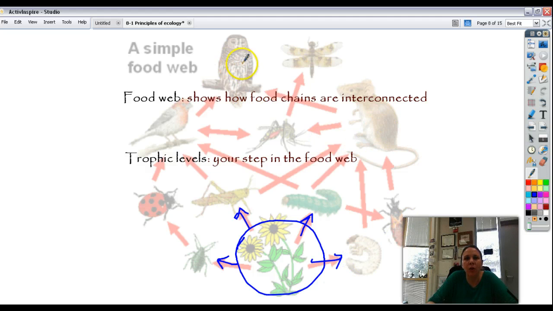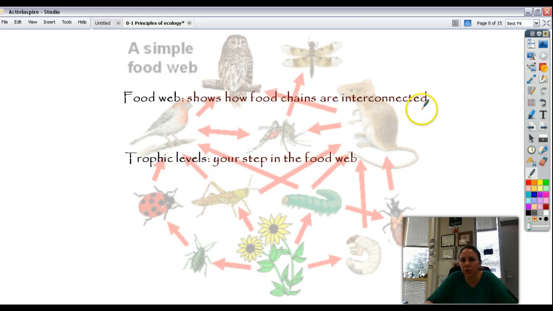So if this owl, who eats birds and mice, if the mouse disappeared, well, no big deal. He'll say, well, I'll just eat the bird instead. And what if the caterpillar disappears? No biggie, I'll eat the grasshopper or the ladybug instead. So if you have more possibilities, more arrows going into you, you're more likely to survive than something that only has one arrow going into you, because you have more choices.